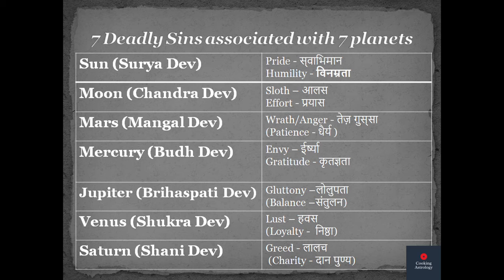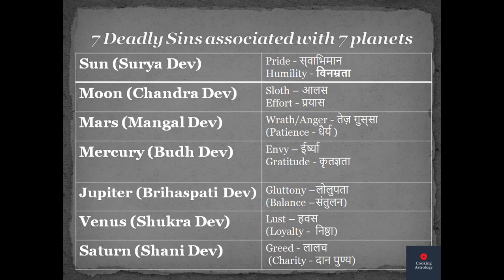The person who gives up very easily is completely associated with planet Moon. It means you are committing a deadly sin in your life. And if you are making efforts in your life, it means you are destroying that sin, and that will take you to some higher path in your life.